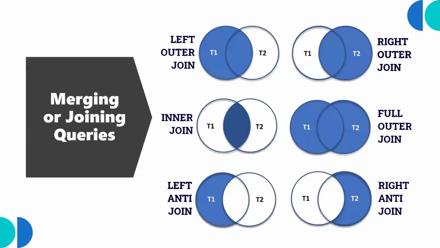And if you look at the visual representation, a left outer join is going to have everything on the left table, and only things matching on the right table. A right outer join is exactly the opposite: everything on the right table and just whatever is matching on the left table.